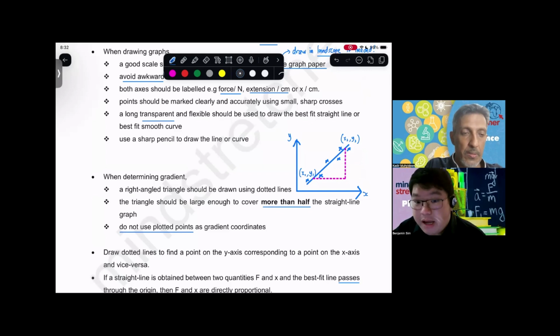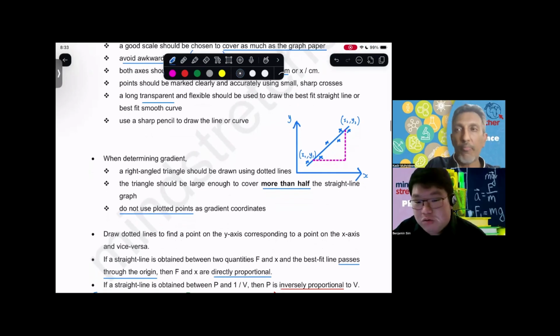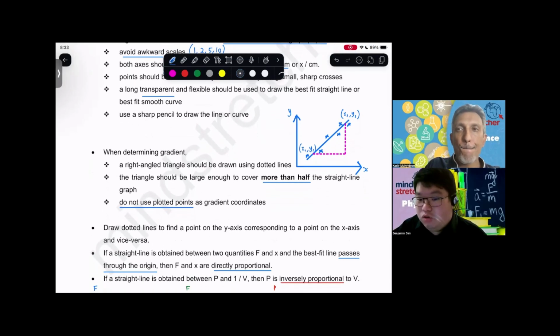The reason why you want to use a transparent ruler of any kind is so that as you draw, you will also be able to see the plotted points. It is very, very important that you are able to see the plotted points as you draw. That's why I always use a transparent one. And as mentioned just now, use a sharp pencil whenever you draw the line or the curve.